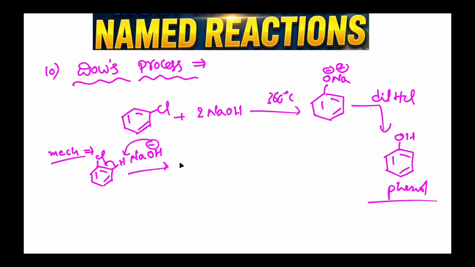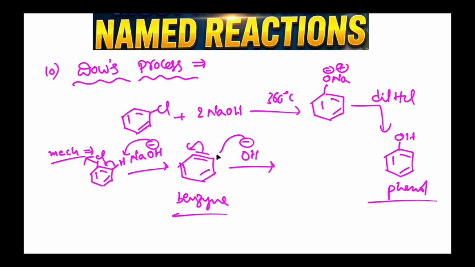So here the benzyne intermediate is formed. Further it is treated with OH minus. This will move here, and OH will attack.